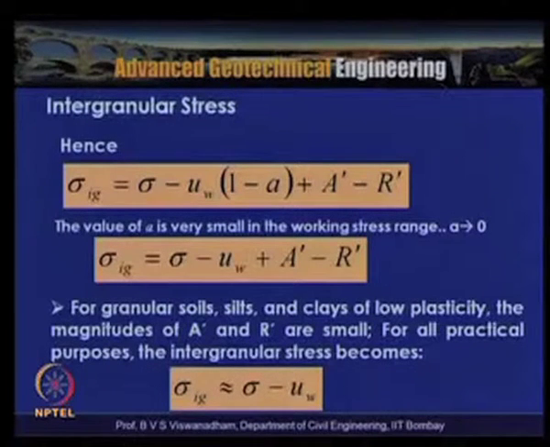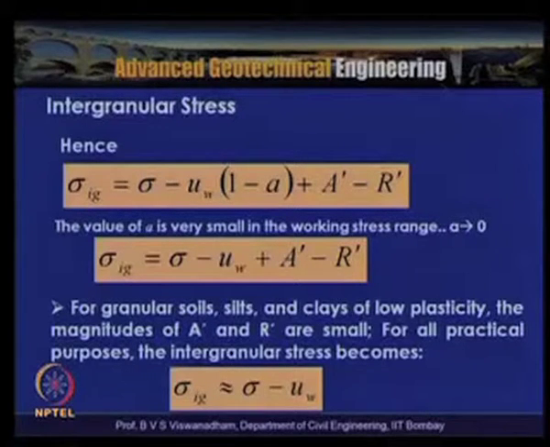So we can write here sigma Ig is equal to sigma minus Uw into (1 minus a) plus A dash minus R dash. The value of a is very small in the working stress range because of the minute contact points. So a tends to be equal to 0. So with that we can write sigma Ig is equal to sigma minus Uw plus A dash minus R dash.